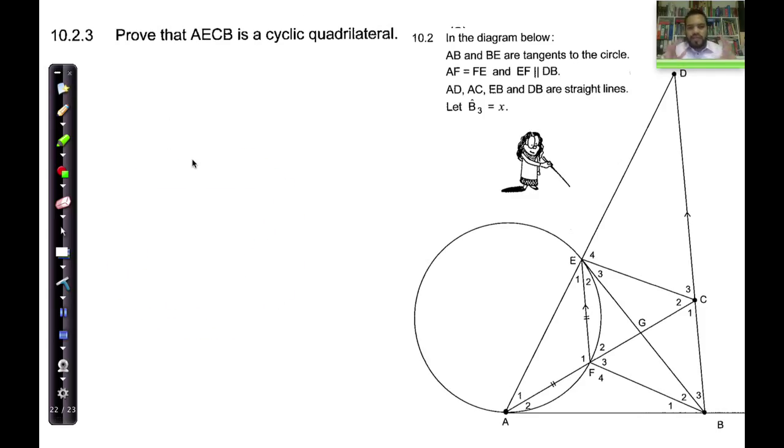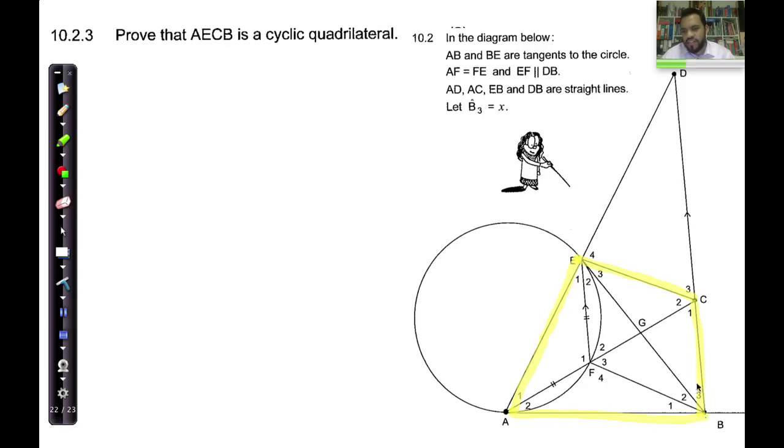Okay, so what do I really want now? What I really want to look at at this point in time is, let's consider AECB. There is AE, right? AECB, and back B to A, because we join A to E, E to C, C to B, and B back to A, taking it directly from the name.